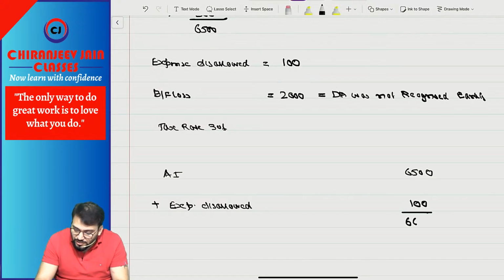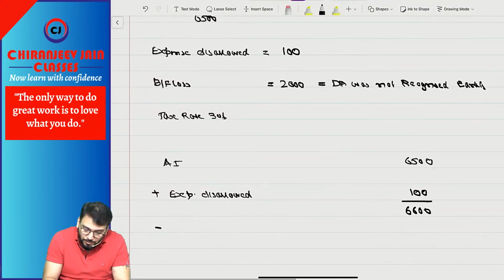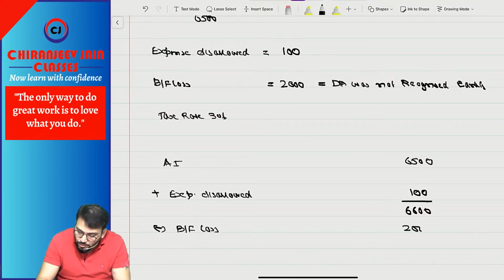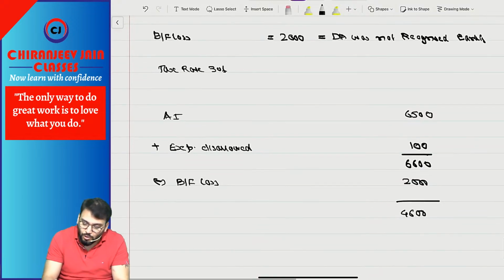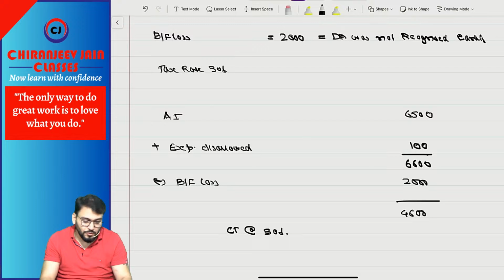It will become 6600. Then we'll deduct the brought forward losses which will be set off, 2000. So this becomes how much? 4600. So on this we'll calculate current tax at what rate? 30%. 4600 into 30%. How much?